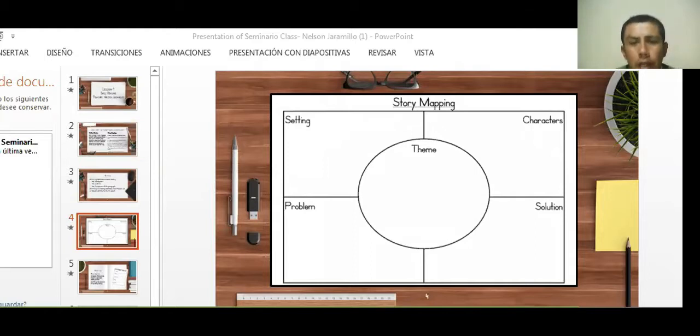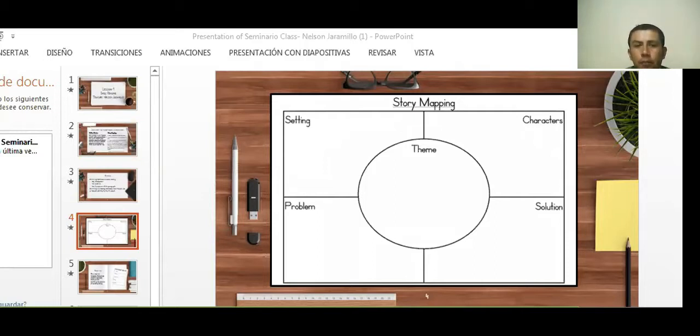To know the characters from the story, you have to consider a few questions. Who are the people involved? Which ones played major roles? Which ones were minor?